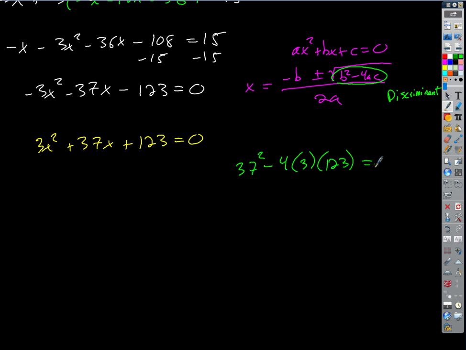What is that? 37 squared is 1,369. Negative 107. Okay, so it's negative.